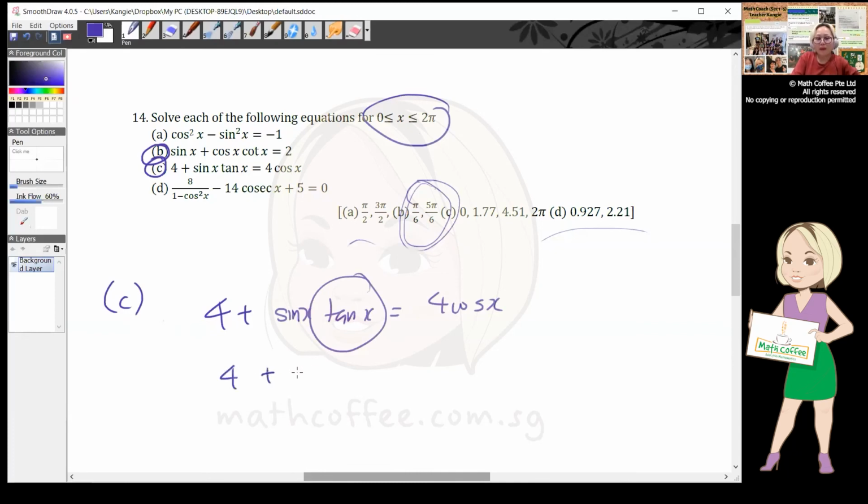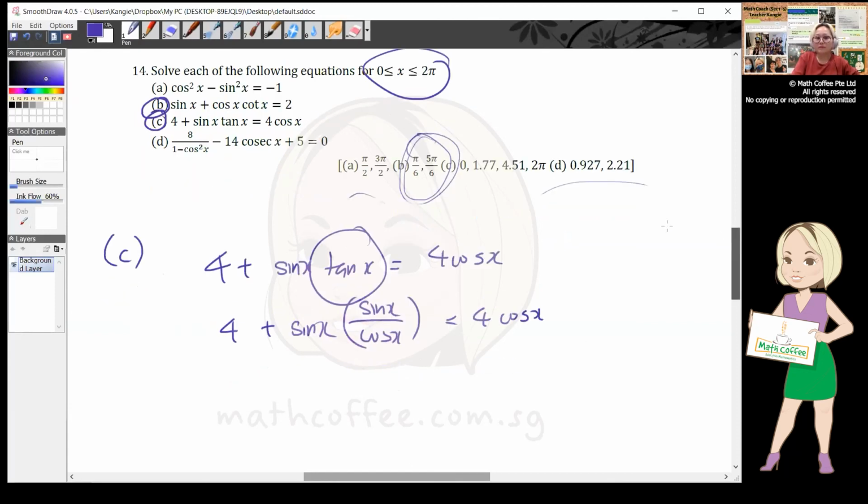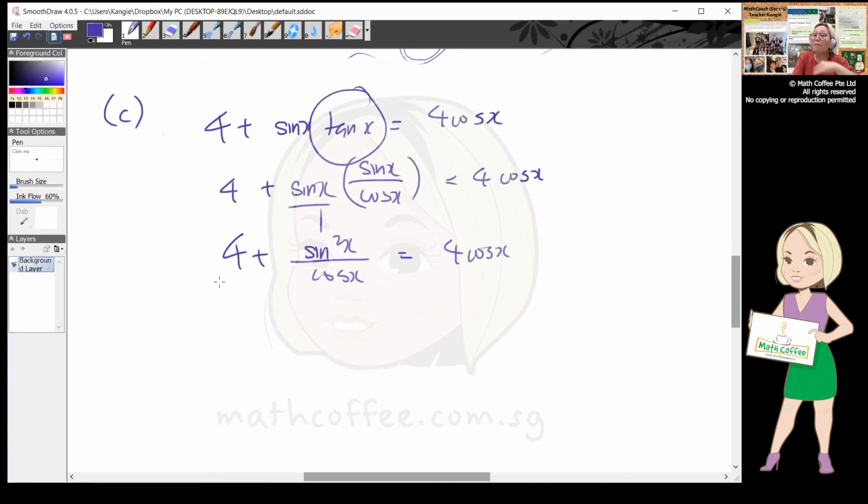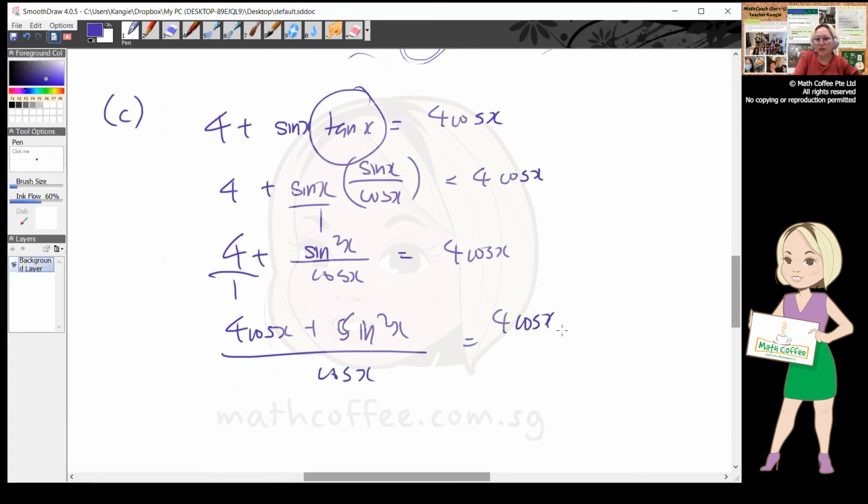So put as 4 plus sine x over cosine x, bring it up, so it becomes 4 plus sine square x over cosine x equals 4 cosine x. Same thing, we combine into a single fraction. 4 over 1, so this one will be 4 cosine x plus sine square x over cosine x equals 4 cosine x over 1.